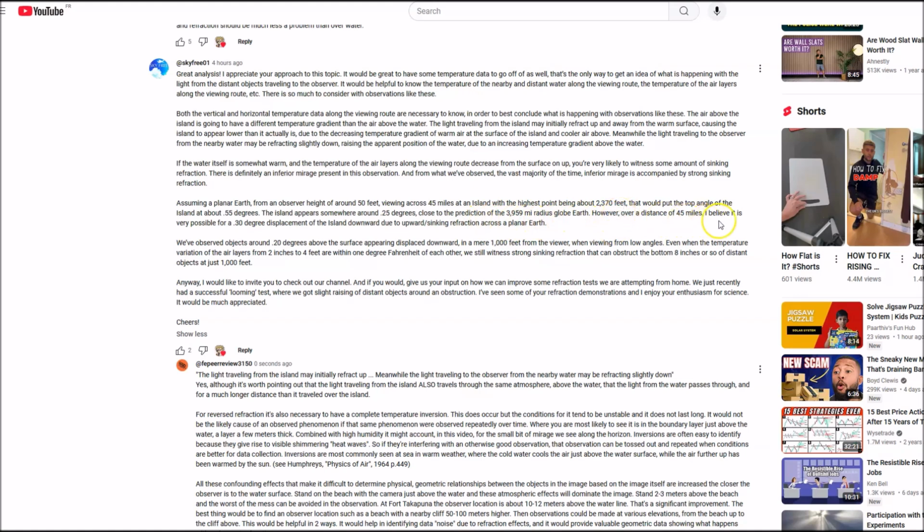However, over a distance of 45 miles, I believe it is very possible for a 30-degree displacement of the island downward due to upward sinking refraction across a planar Earth. We've observed objects around 0.2 degrees above the water surface appearing displaced downward, even when the temperature variation of the air layers, etc., are going on.